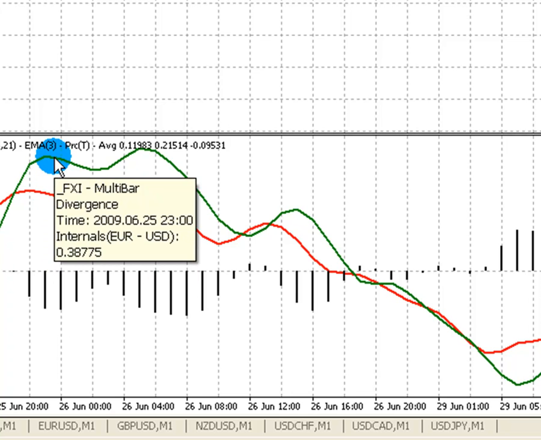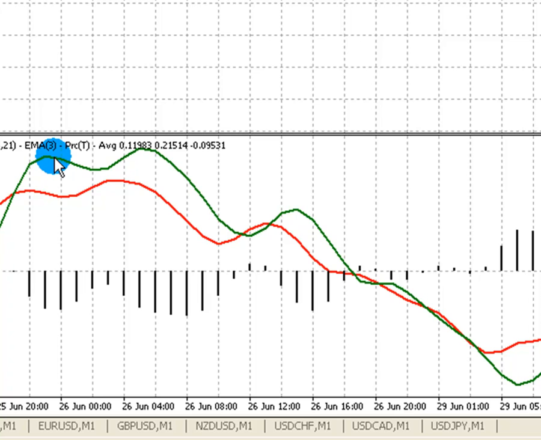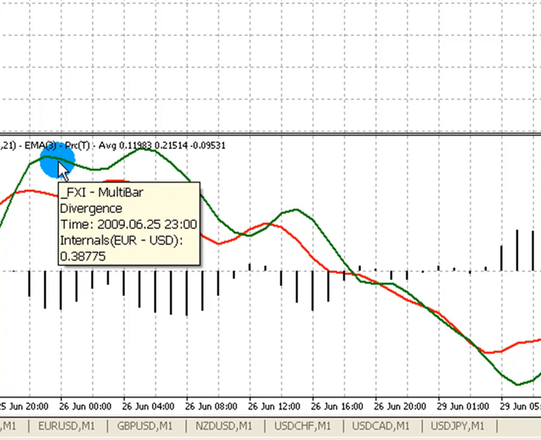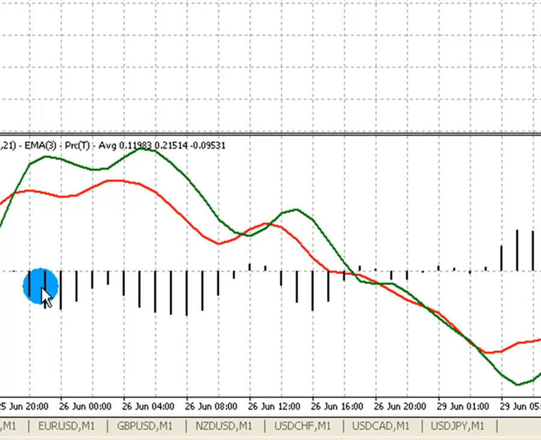If we come up here and look at the green line, that is the internal strength, the euro minus the dollar. The euro compared to all other currencies but the dollar, less the dollar's strength compared to all other currencies. So in this case, it's a positive 0.38775. And the histogram down here is the difference of those two things.